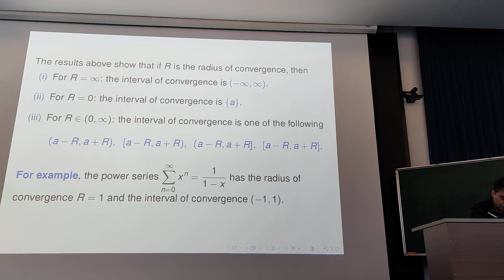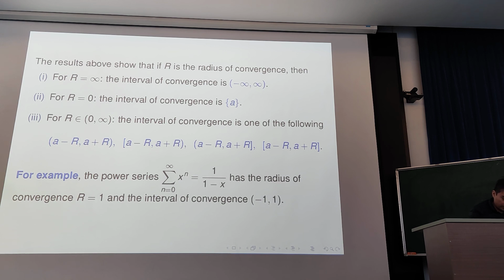Here is a better presentation, an interpretation of the interval of convergence corresponding to each radius of convergence. When the radius is infinity, then the interval of convergence is from minus infinity to infinity. When R is 0, then the interval of convergence is only the one value a.